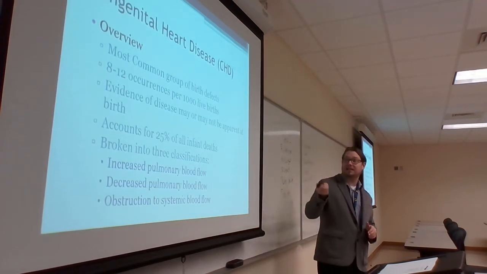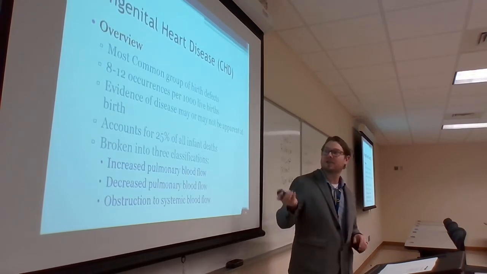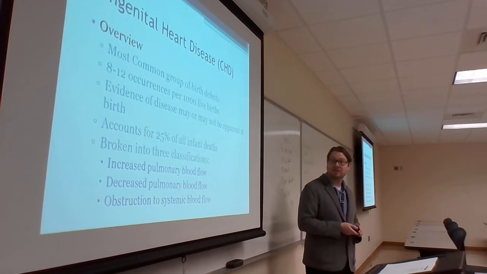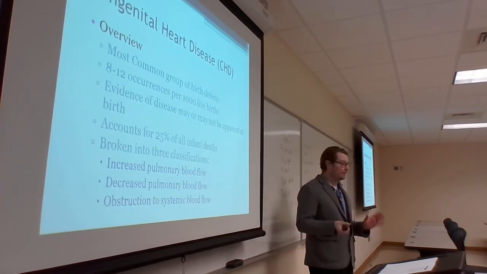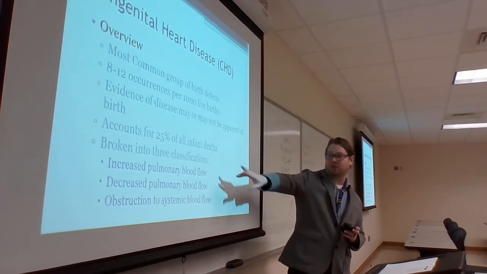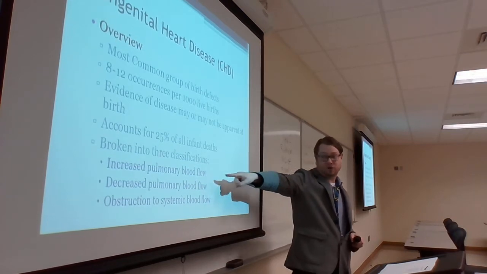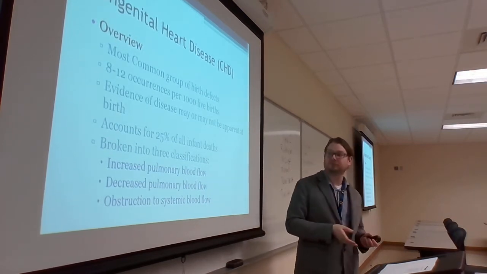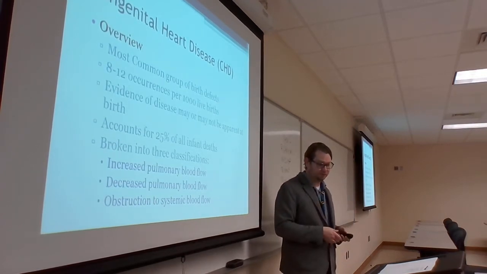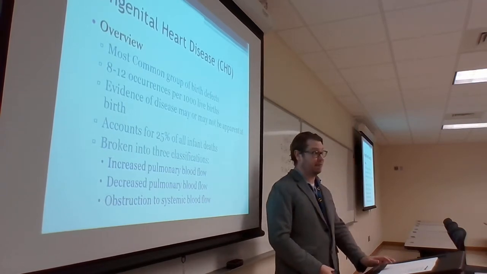So that's an example of the evidence of disease and being able to actually assess for it at birth. 25% of all infant deaths. That's pretty substantial. For the sake of this lecture, we are going to break our congenital heart disease into 3 different groups: those that result in increased pulmonary blood flow, those that result in decreased pulmonary blood flow, and those that result in an obstruction to systemic blood flow.